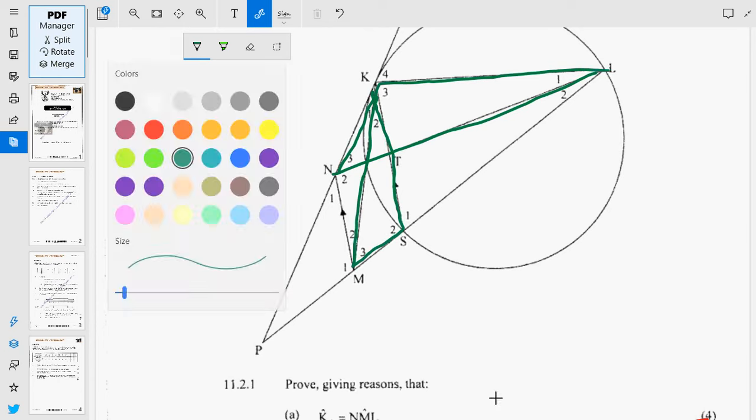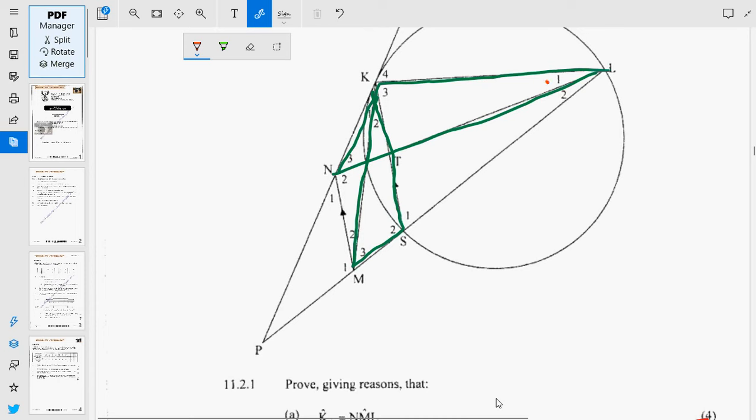Right. So what you can see here is that L1 is equal to M2. The reason why is a little bit confusing. The reason is because I've already proved that KLMN is a cyclic quad. So I have angles in the same segment. So this will be equal to this.